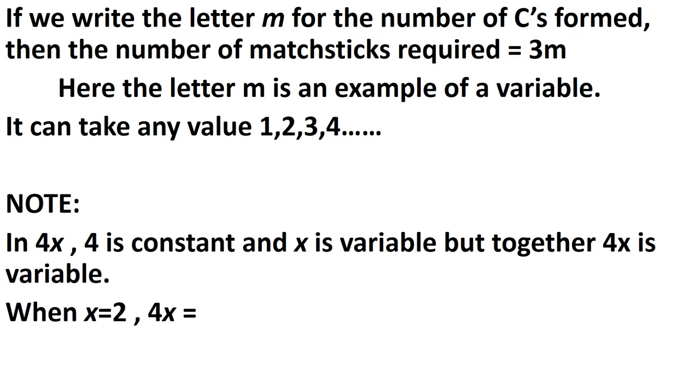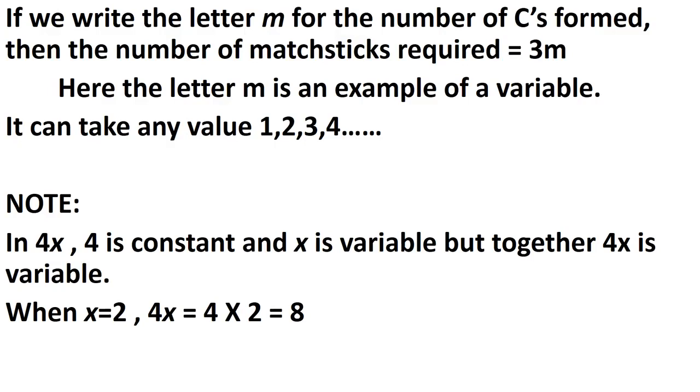When x equal to 2, it means now we are taking the value of x as 2. So what does it mean? 4x means 4 multiplied by x. So when x equal to 2, it is 4 multiplied by 2, which is equal to 8.